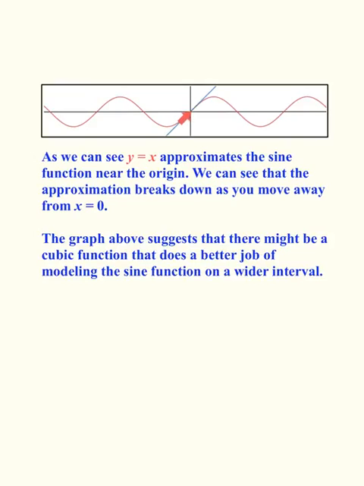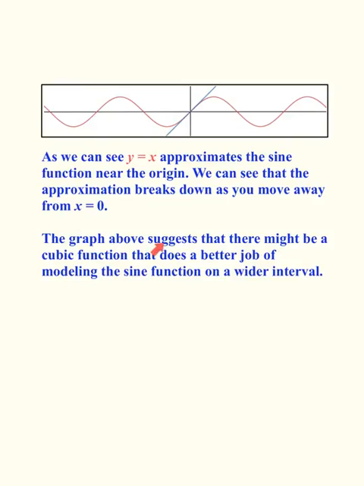At the origin, it is actually a perfect approximation because if x is 0, you get y equals 0, and at x equals 0, the sine of x is also equal to 0. We can see that the approximation breaks down, however, as you move away from x equals 0. Your blue line starts to deviate away from the sine of x graph, and the further away you get from 0, the further it's going to deviate.